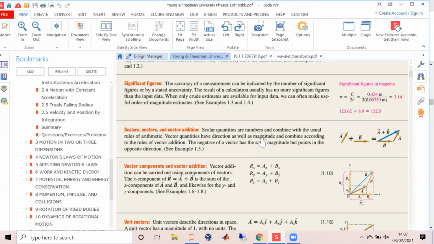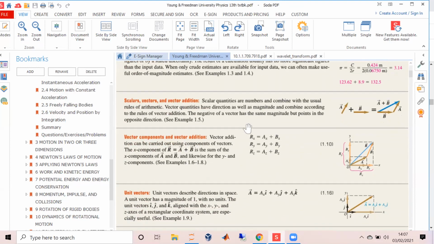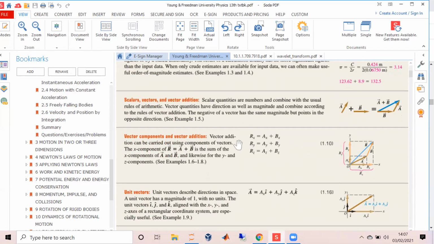I recommend you to stick to 2-3 significant figures. Don't go beyond that. I don't think you need to be more precise than millimeters, for example, in meters, right? So I hope you all are familiar with this and understand it.